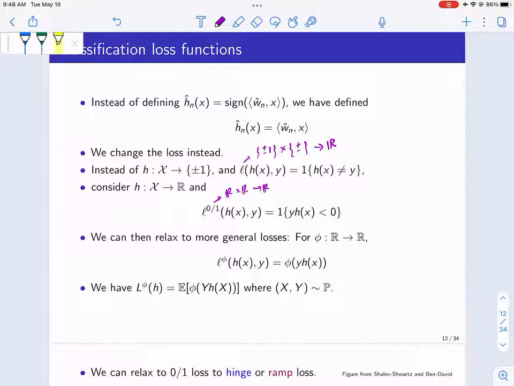It's real valued, and then h(x) times y would be just the indicator of y h(x) less than 0.